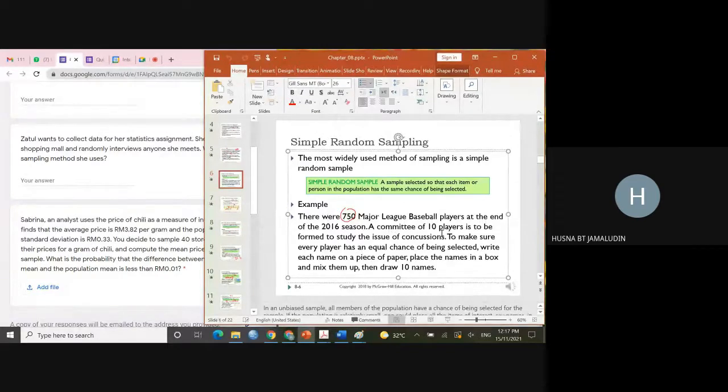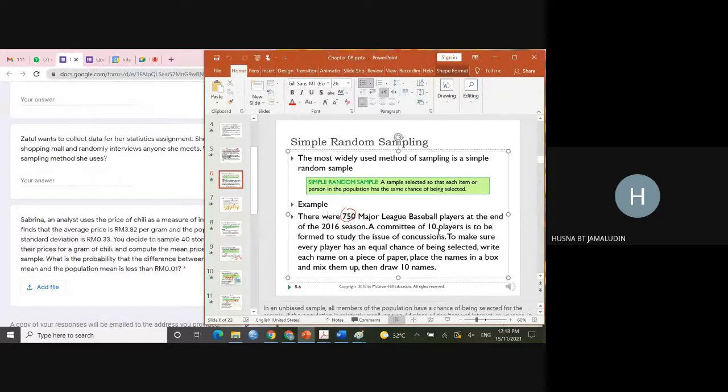In a traditional method, we put all these 750 players' names or numbers in a box, and then someone will pick 10 numbers to form the committee. So all these 750 people have the same chance of being picked, because you put their names or numbers in a box, so you can just take anyone from that list. So they all will have the same chance of being selected.